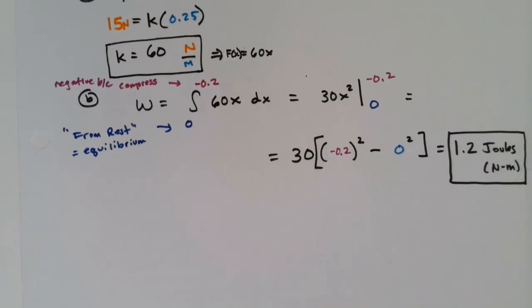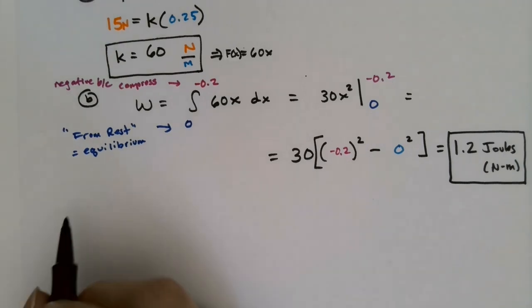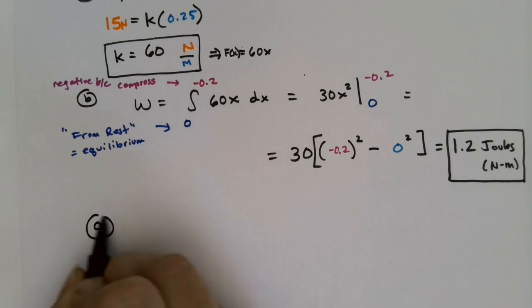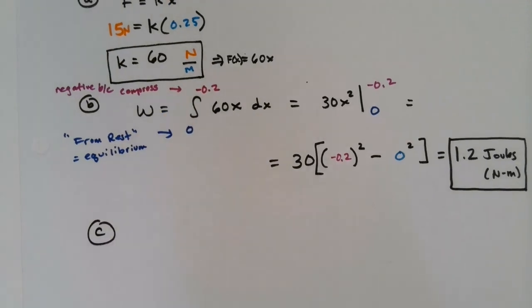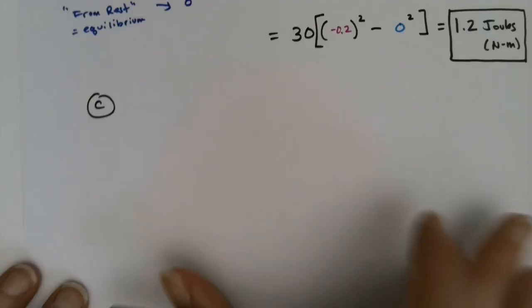All right, now, what about letter C? How much additional work is required to stretch the spring 0.3 meters if it has already been stretched 0.25 meters from its equilibrium position? Interesting. Let's think about this for just a second.